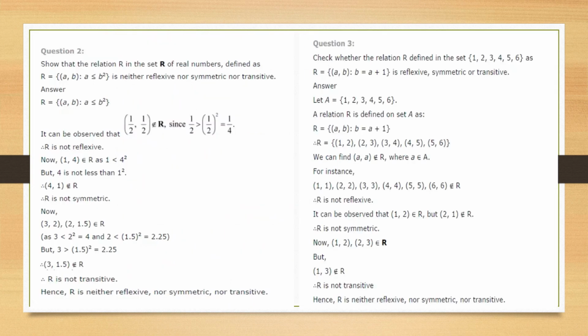Question number 2 of your NCERT says, show that the relation R in the set R, this bold R is for real numbers, defined as R is AB, A less than equal to B square, is neither reflexive nor symmetric nor transitive. In such questions, I suggest it's better to go for examples involving fractions, because there are vast real numbers.